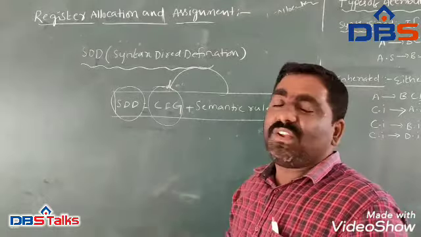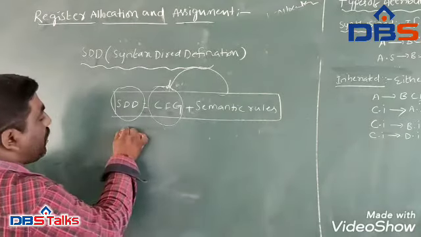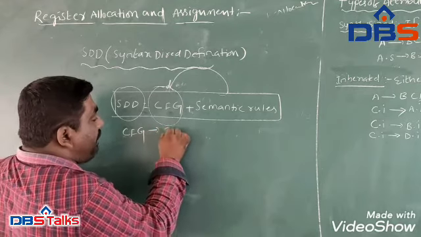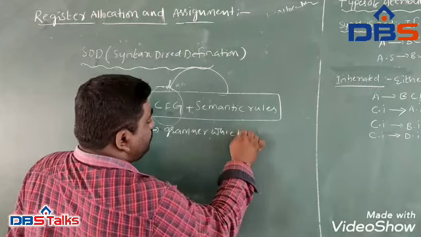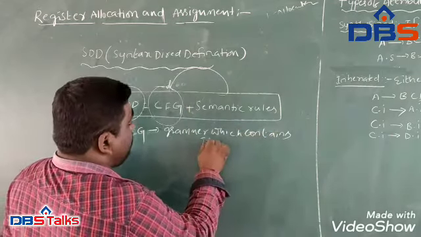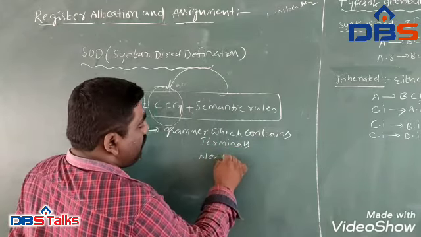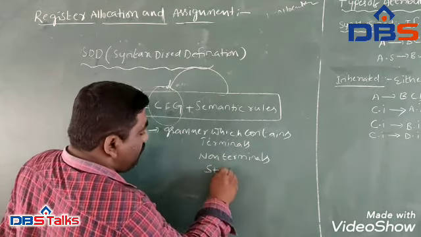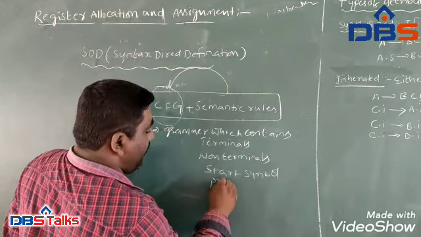What is a context free grammar? Context free grammar is a grammar which contains terminals, non-terminals, start symbol, and finally productions.